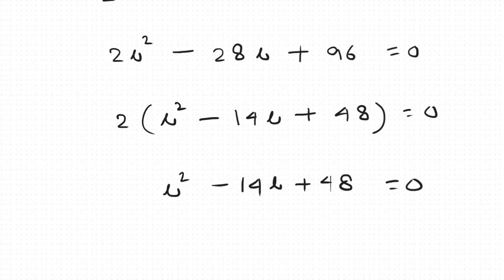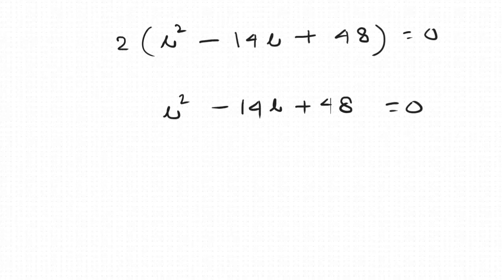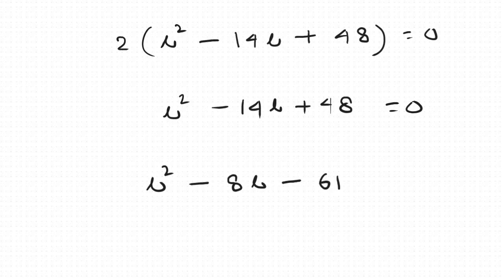If we divide both sides by 2, then from here we can write B square minus 8B minus 6B plus 48 equals 0.